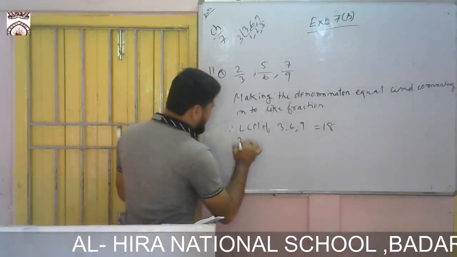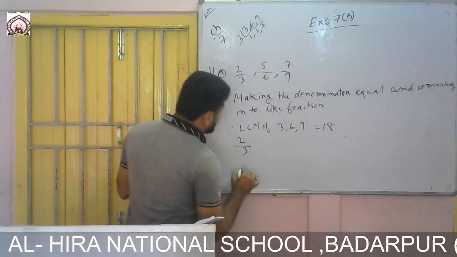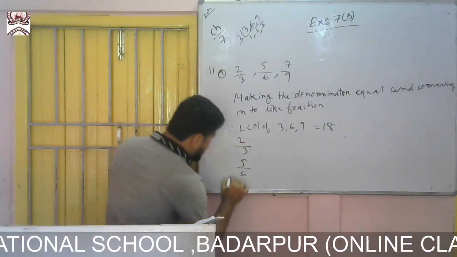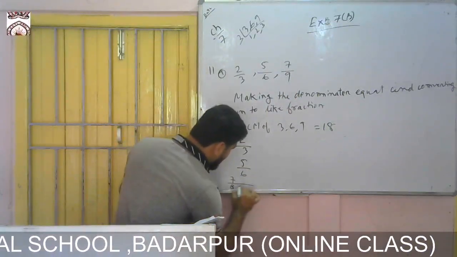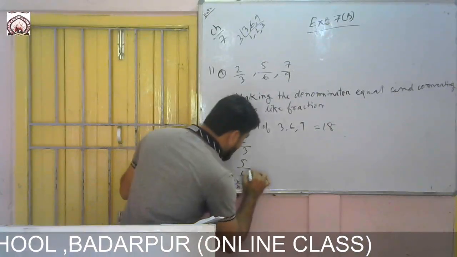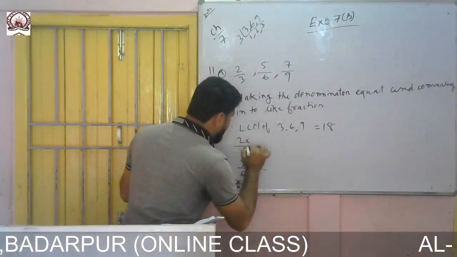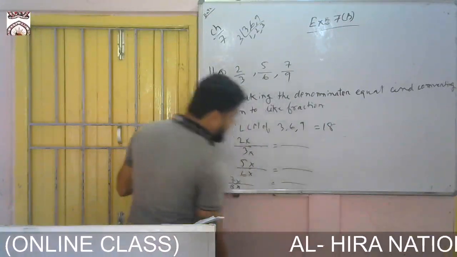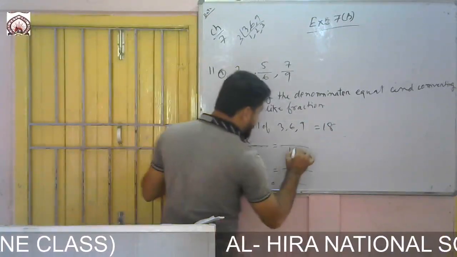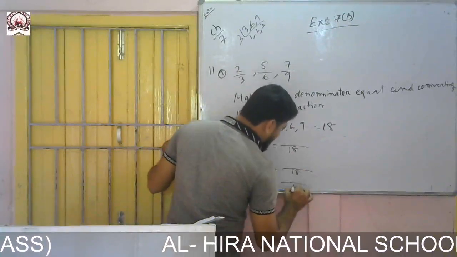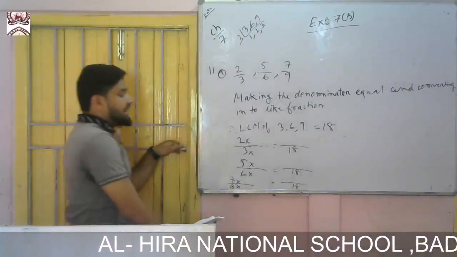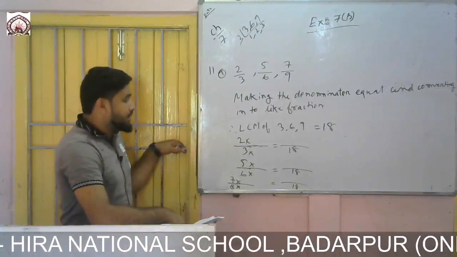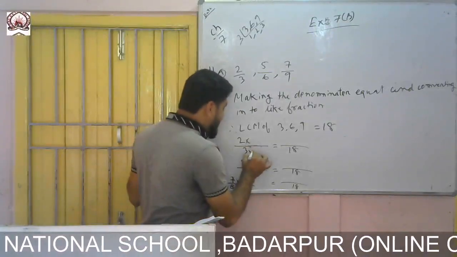Now write 2 by 3, then 5 by 6, then 7 by 9. In every case I need to make the denominator 18, which will lastly convert into like fractions.